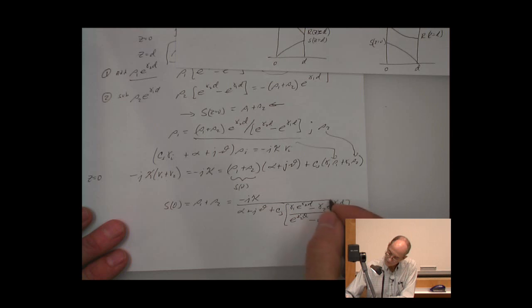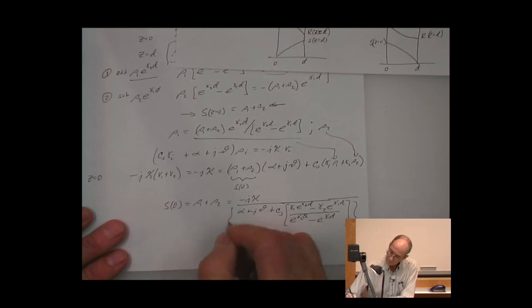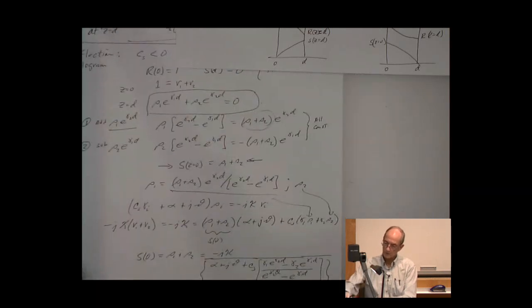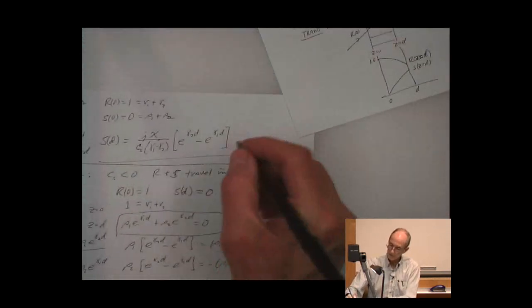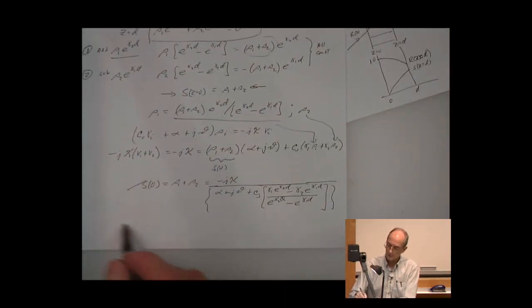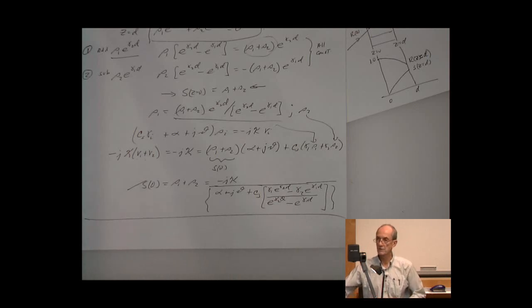So it's a little messy, but manageable. All right. So again, we had this for the transmission case, and we have this here for the reflection case. And this is kind of the general solution for a transmission and reflection hologram.